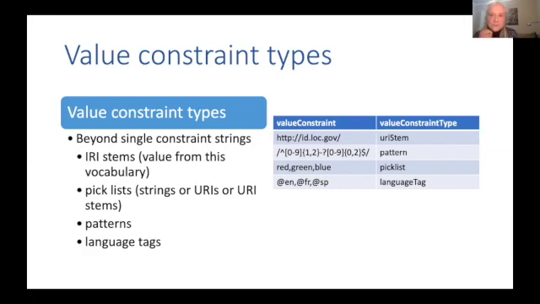All of these we consider a value constraint type, and then you can do your lists of things that would then all be valid values for that particular element. And again, given that we're thinking that these might be used within RDF, one very common constraint that one might use would be to use the language tags. And so we added a value constraint type for that.